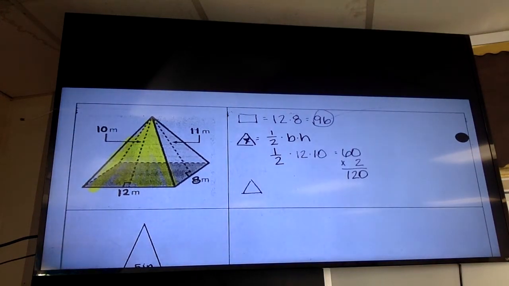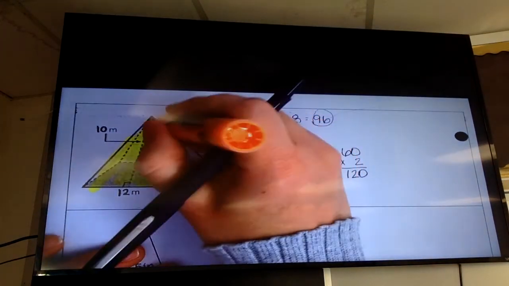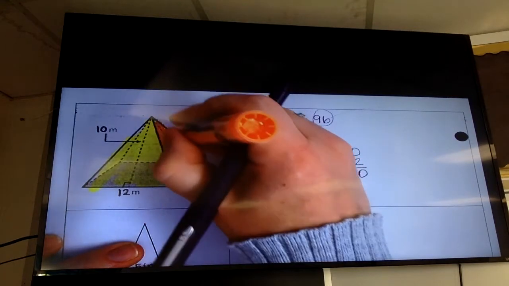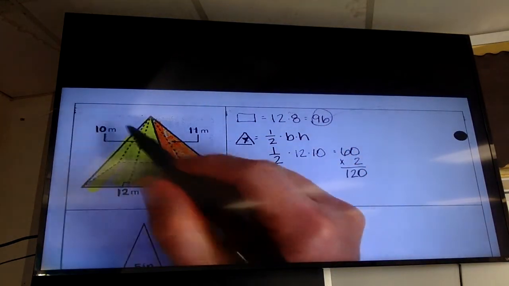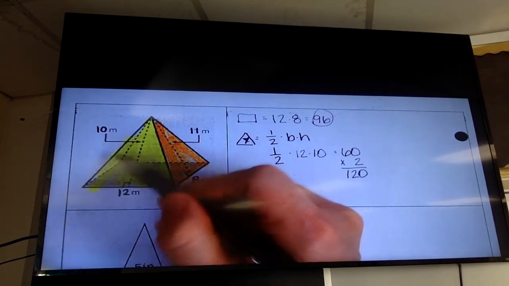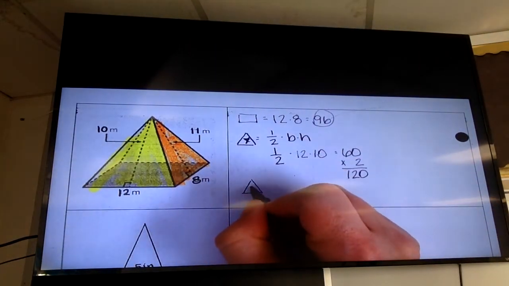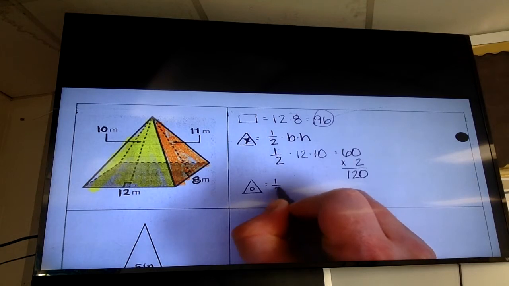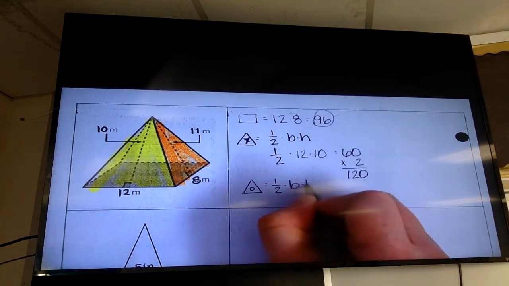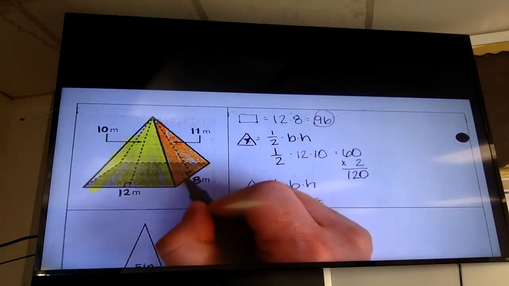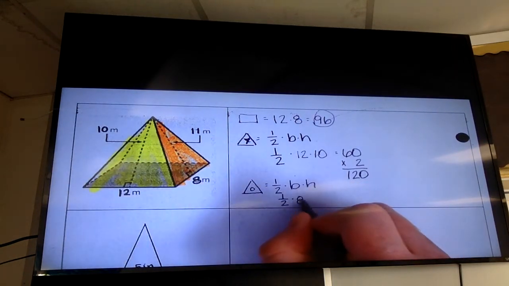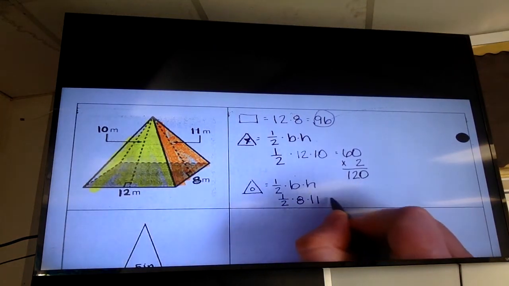Okay, I'm going to color this other one in orange. So then I have these ones that are on the side. So here's this orange one, and it has a matching one that's right over here, directly across from it. I'm going to put orange. 1/2 times the base times the height. So I'm going to say 1/2 times, here's my 90-degree angle. I see the base is 8 and the height is 11.